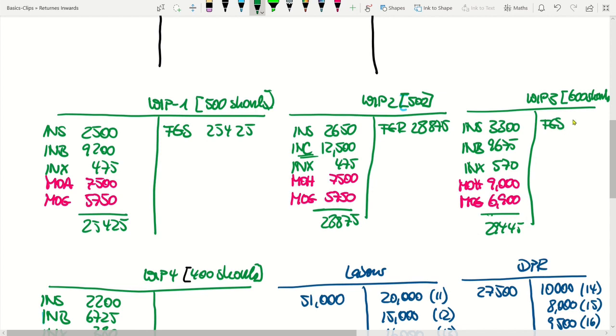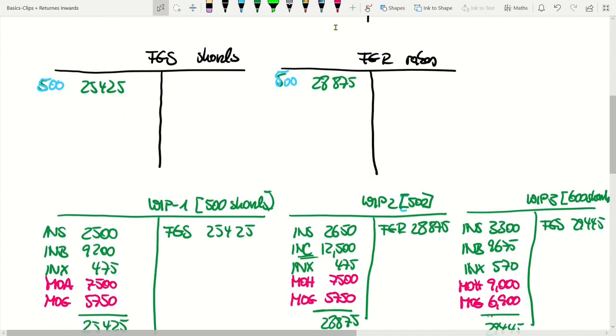Finished goods Schofields account 29,445, and the contra entry is recorded in the Schofields account, 29,445. These are 600 Schofields.